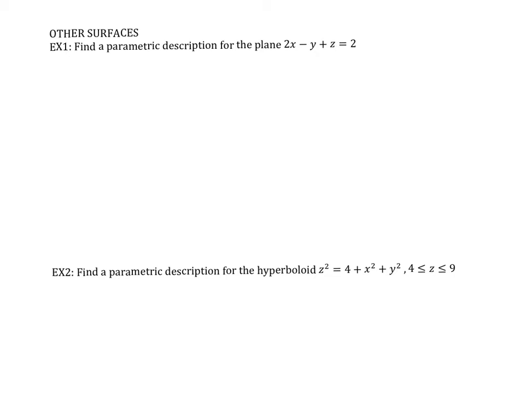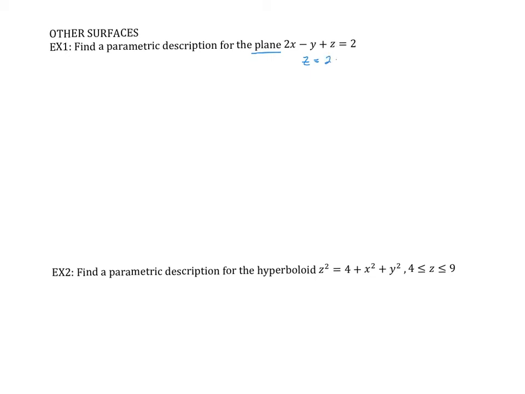In example 1, we're trying to find the parametric description of a plane. Usually when you work with planes, you just take one of the variables. I'll just use z because that's what we usually do, but it doesn't really matter which one you choose to solve for. I'll take this equation and solve it for z.